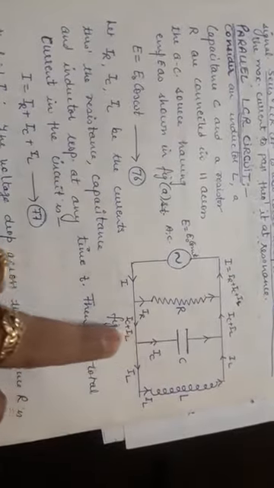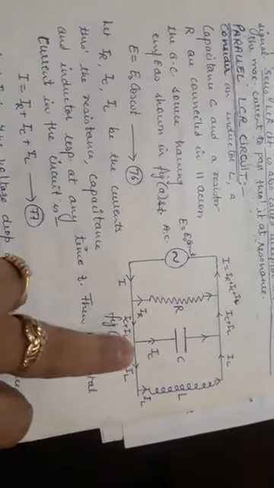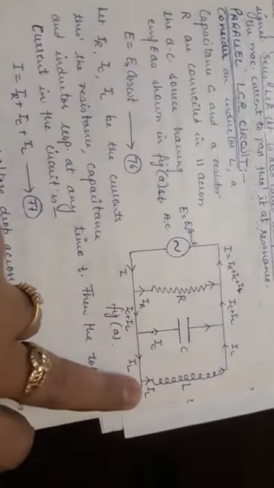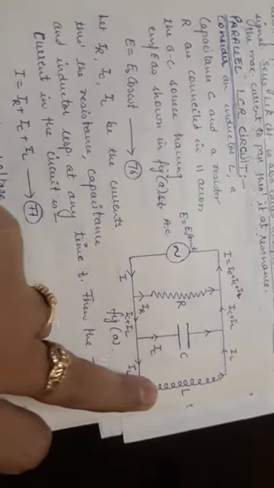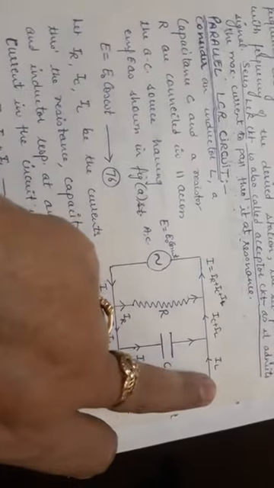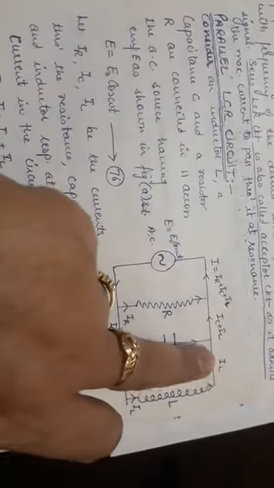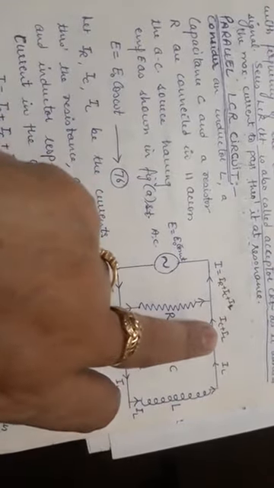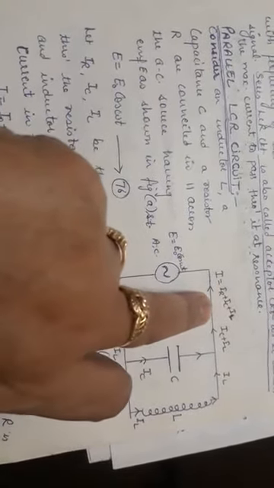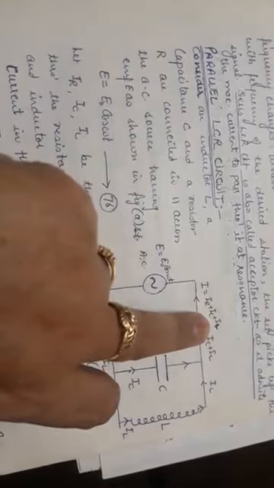Again at this point, IC flows through the capacitor, whereas IL continues to flow towards the inductance L. Now this current IL again joins the current IC, and they become IC plus IL. This IC plus IL is again rejoined by the current IR at this point, and the total current in the circuit again becomes I, which is equal to IR plus IC plus IL.